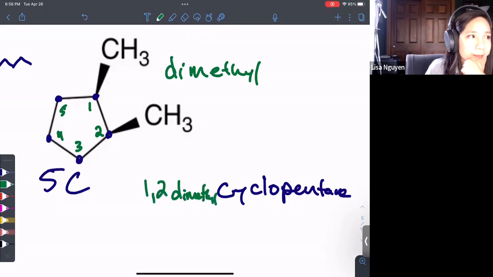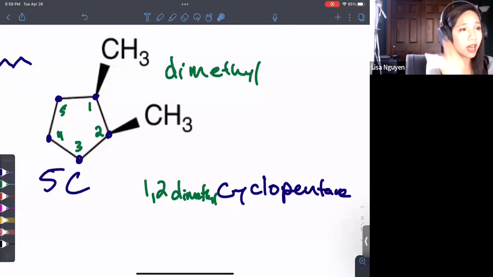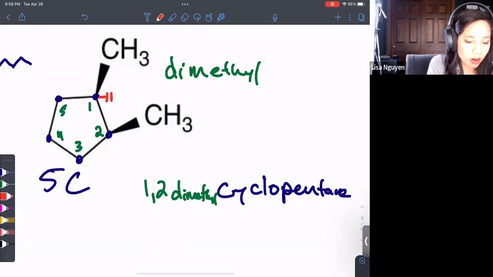cyclopentane. Actually, I'm not done there. We have 2 substituents named, but note that I have the stereochemistry also indicated here: both of these methyl groups are pointing up on the same side of the ring. When we look at line structures, the skeleton structures, there are hidden hydrogens that you don't see.